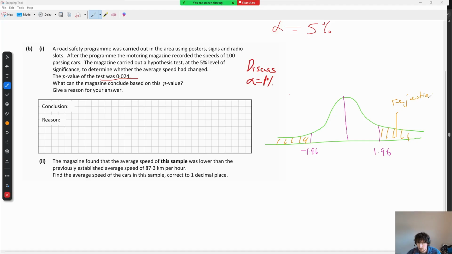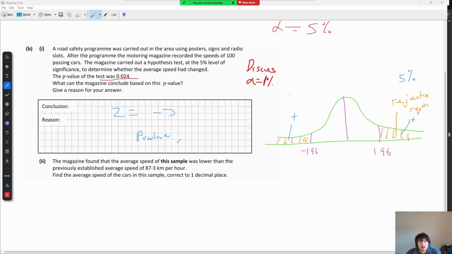Now for a p-value, you'll get some test score, your z-score that you work out in the question, and that z-score can then be converted into a p-value. A p-value is the area outside your z-score. We should know this rejection region adds to 5%, that's 2.5% either side. So that orange region plus that orange region, they're 2.5% each. They add to the 5%.